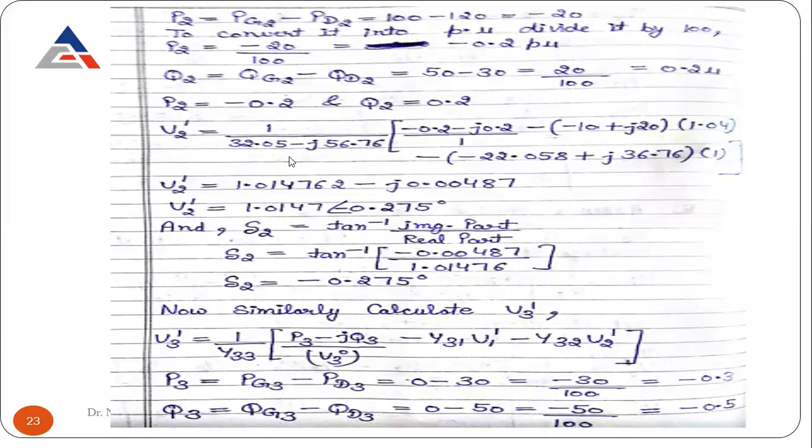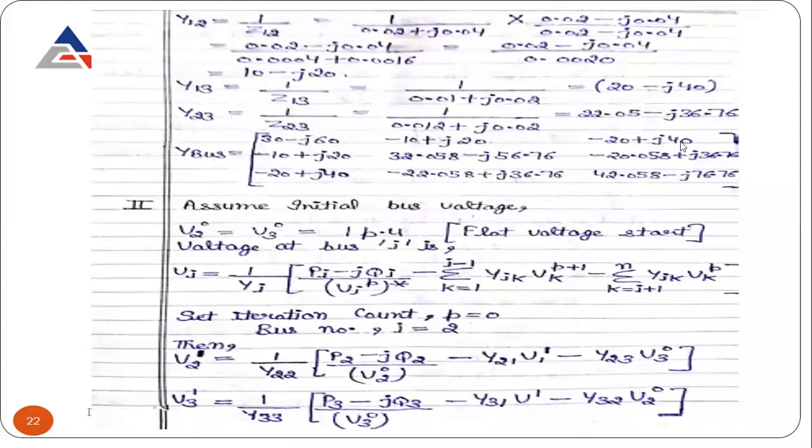Now put down the values. Here it is 1 upon Y22, and Y22 is 32.058 minus j56.76, as seen from this Y bus.